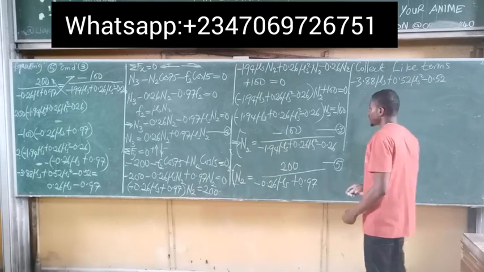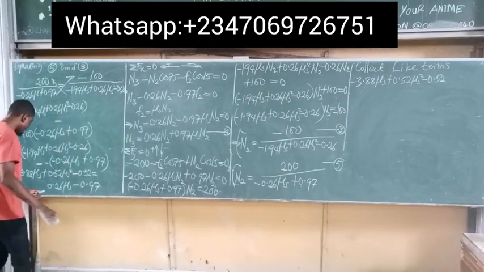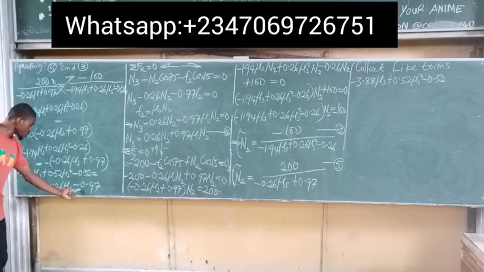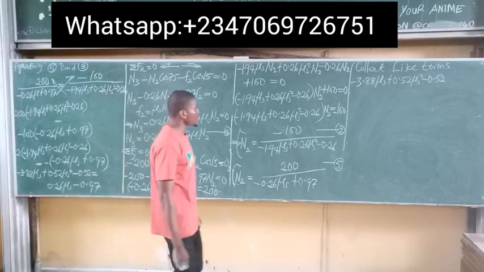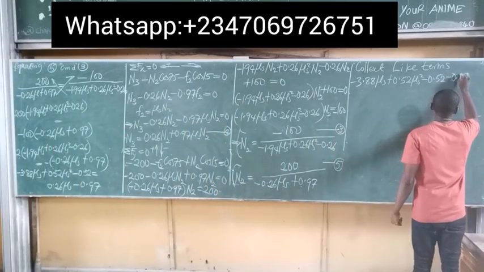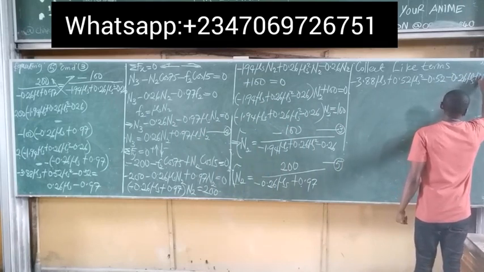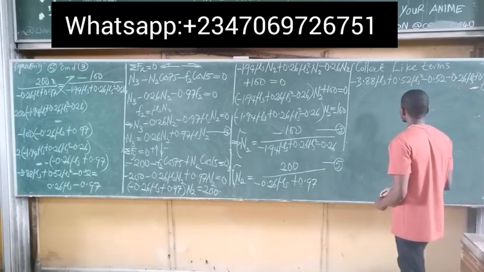Okay, so we simply send plus 0.26 mu x over to this side of the equation. The positive sign becomes negative, and here minus 0.97 crosses the equal sign and becomes plus 0.97. So I'll simply have minus 0.26 mu x plus 0.97, and both of these are equal to 0.